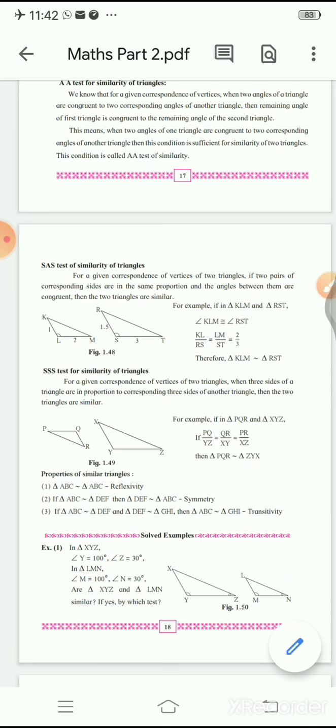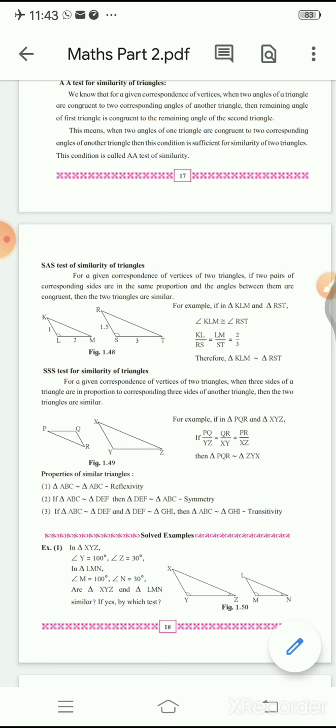See in the figure, there are two triangles, triangle PQR and triangle XYZ. If in triangle PQR and triangle XYZ, PQ upon YZ is equal to QR upon XY is equal to PR upon XZ, then triangle PQR is similar to triangle ZYX.